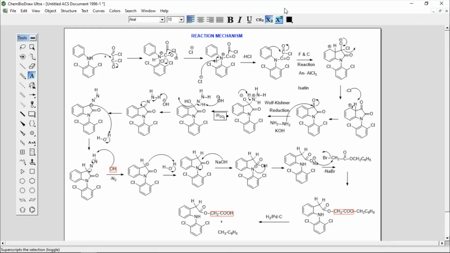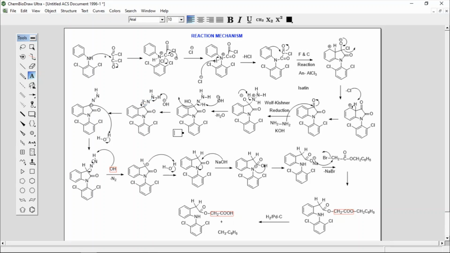Then the next step, this OH minus ion, then this leaving group takes the hydrogen, converts to H2O, then the bond pair will delocalize, forming a nitrogen nitrogen double bond.